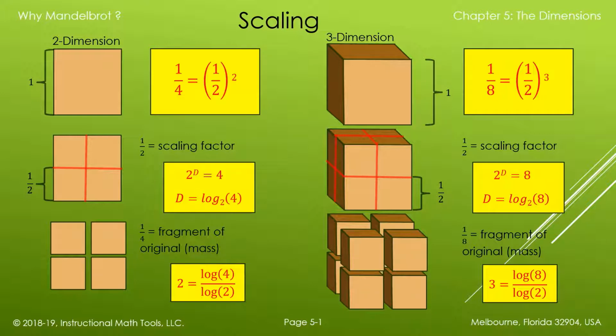And what happens is you can do a log on that, and it comes out that d, which is the dimension, is equal to log base 2 of 4, log base scaling factor of the fragments or the mass.